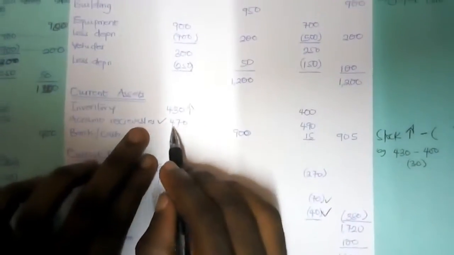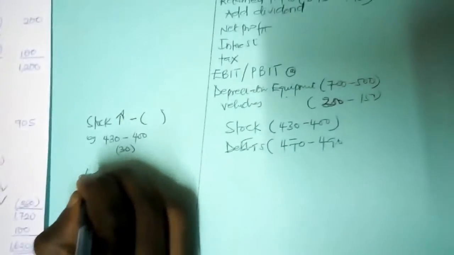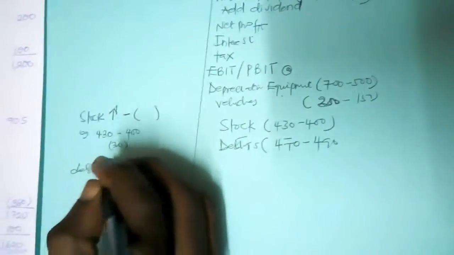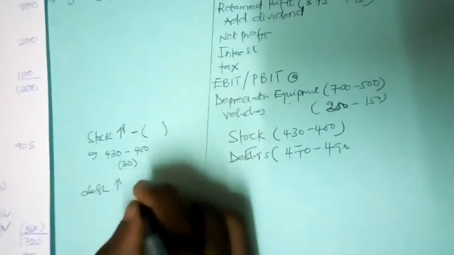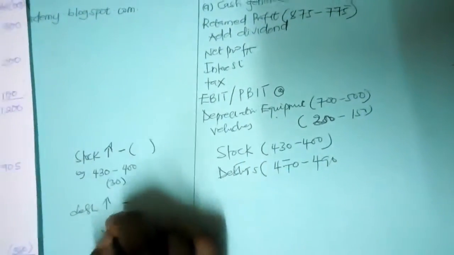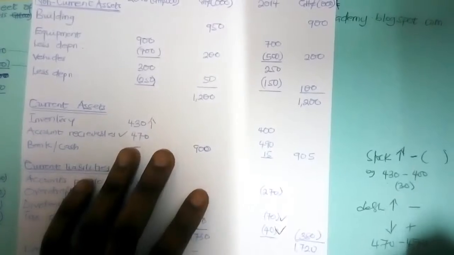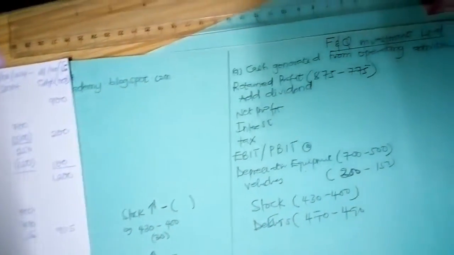So the principle says that if the current figure is higher, you subtract, but if it's lower, we add. So here, if you take the difference, that is 470 minus 490, we are going to get 20, but this 20 is a positive 20, so we put 20 here.